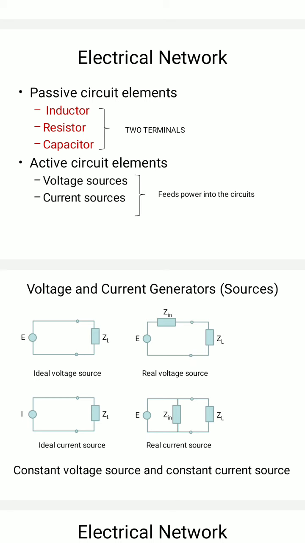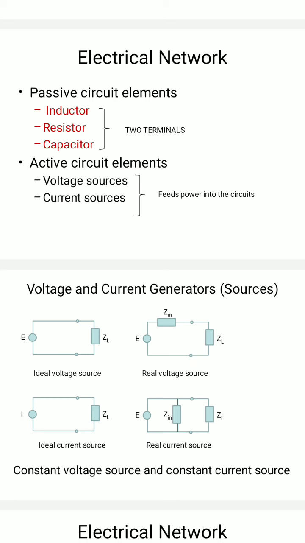ZL is the load resistance connected to the voltage supply, and across that resistance you will get a constant voltage equal to E, which is given by the voltage source. This is called an ideal voltage source.